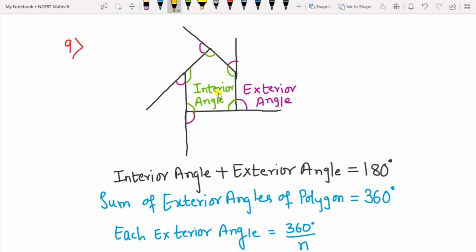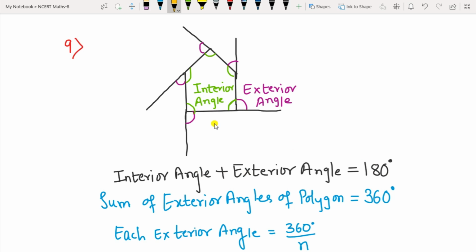Now interior angle together with the exterior angle equals 180 degrees, because this makes a straight line. So straight line equals 180. So interior angle plus exterior angle of any figure is equal to 180.